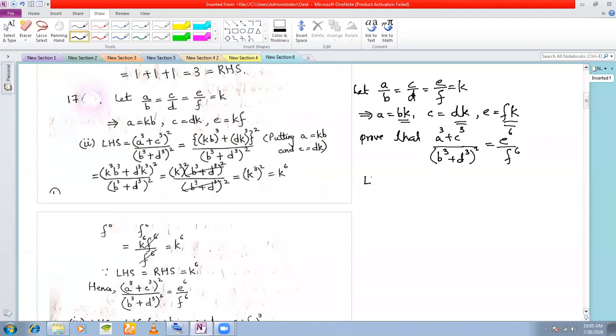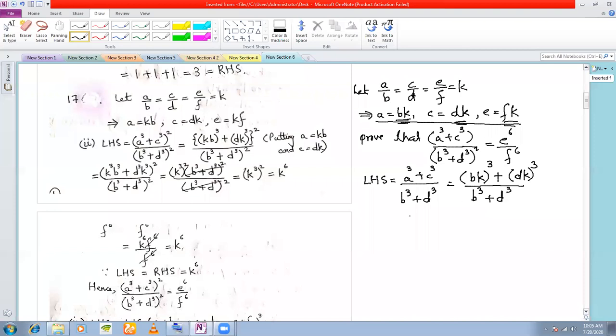So I start from the left hand side. a cube plus c cube by b cube plus d cube. Now I simply put the values that I have got. I've got a is equal to bk, so I put that, and c is equal to dk, so I put the value of c. I haven't got the values of b and d, so I put b and d as they are, b cube plus d cube.